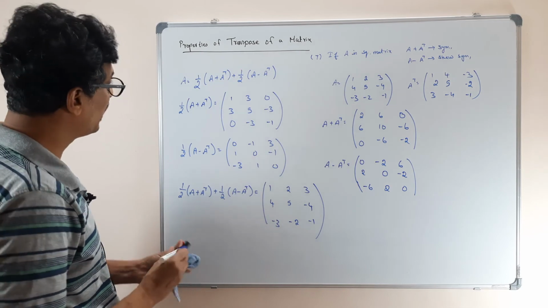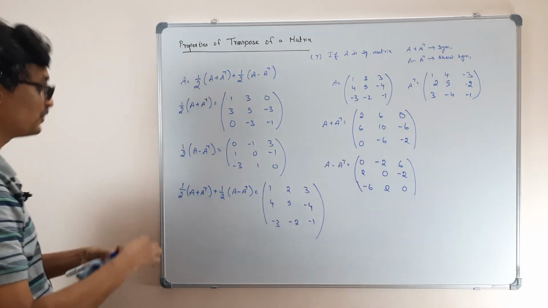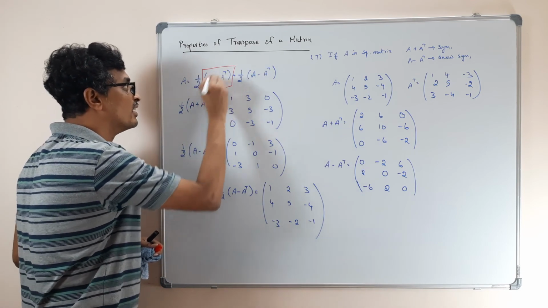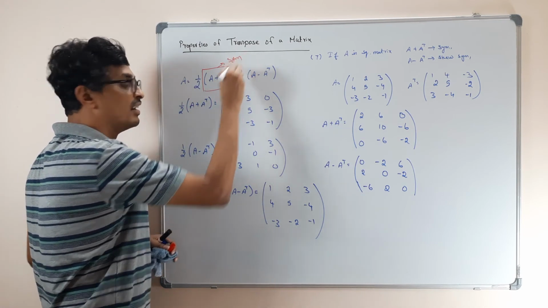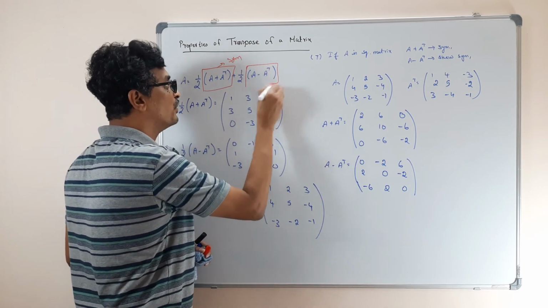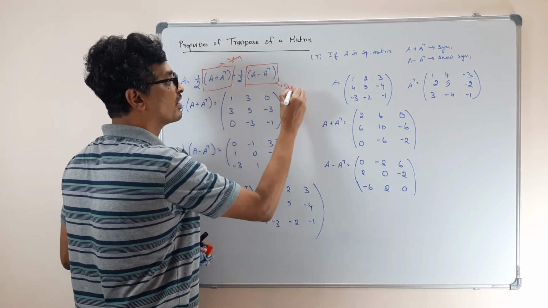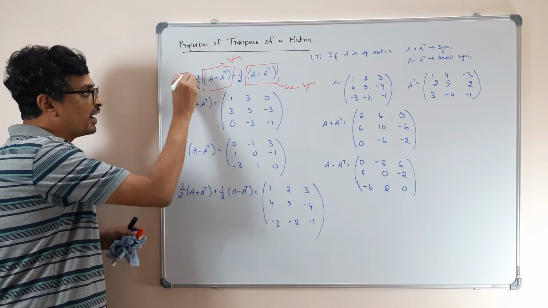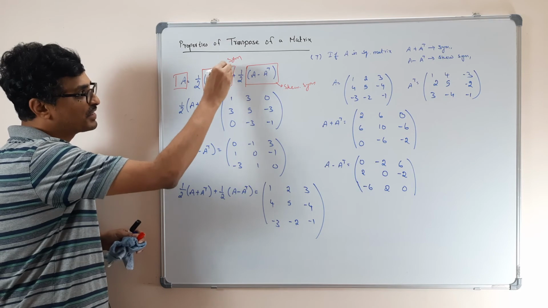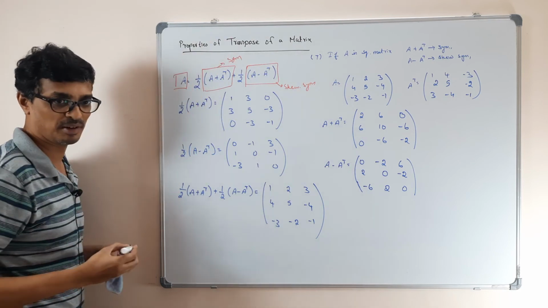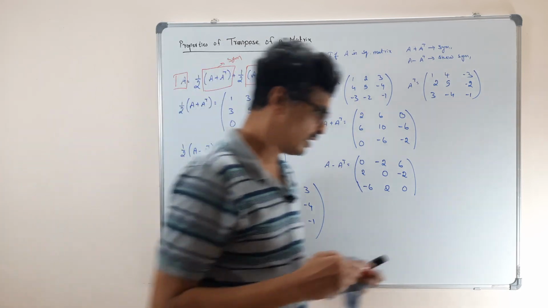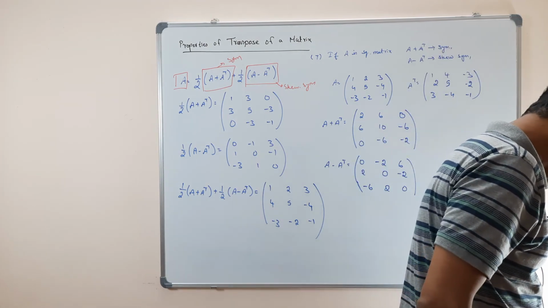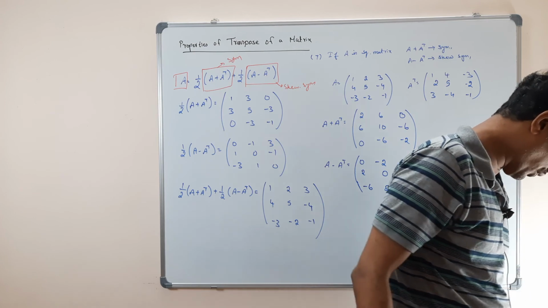You can see this is a symmetric matrix, and this is a skew symmetric matrix. So a square matrix can be written as a combination of a symmetric and a skew symmetric matrix. This is an interesting property of the matrix transpose.